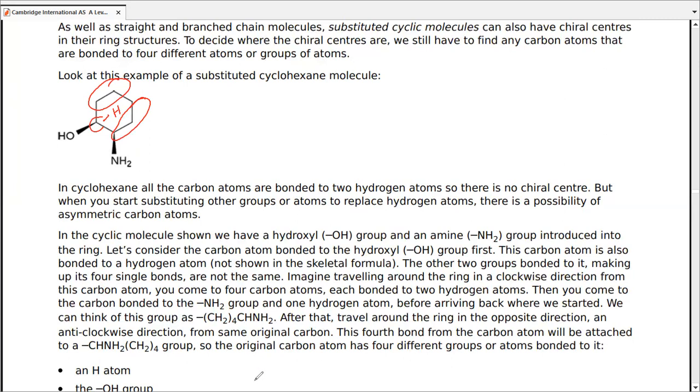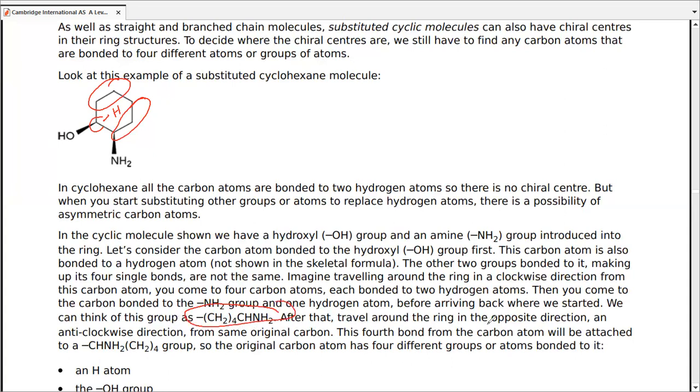Imagine traveling around the ring in a clockwise direction from this carbon. You come to four carbon atoms, each bonded to two hydrogen atoms. Then you come to the carbon bonded to the NH2 group and one hydrogen atom before arriving back where we started. We can think of this as this group.